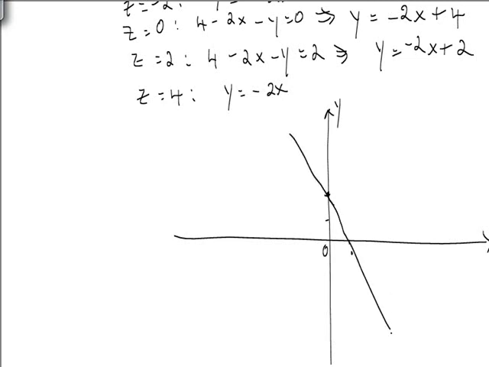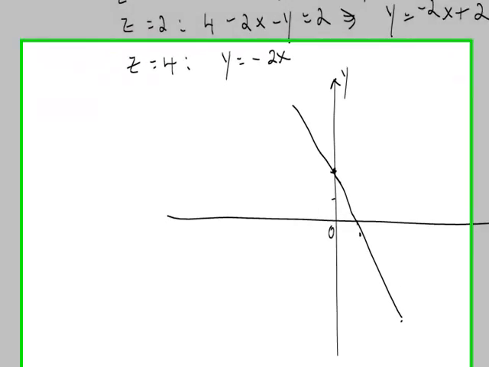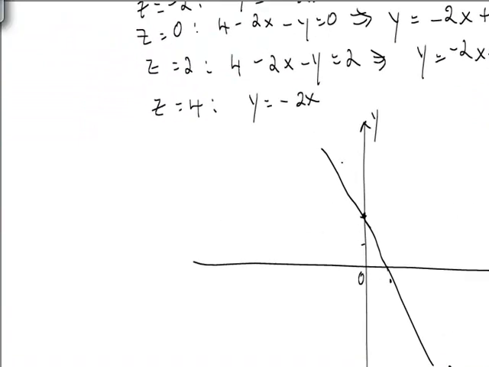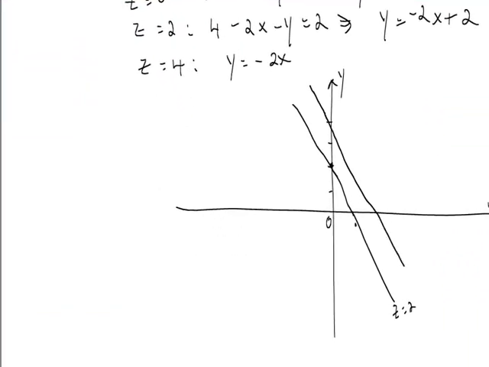And then label it z equals, which one was that? Z equals 2. Then go ahead, z equals 0 goes through 4. 3, 4, and you just draw the line parallel to that one. And so on. Z equals 4, y equals minus 2x. That goes to the origin. Just draw a line parallel. Whoa.